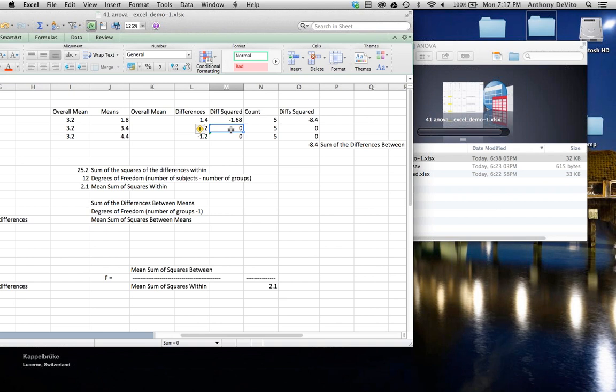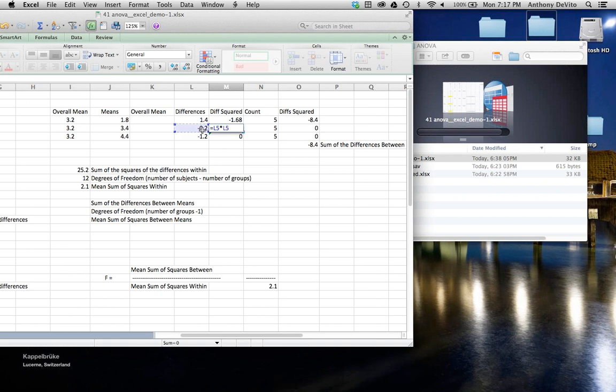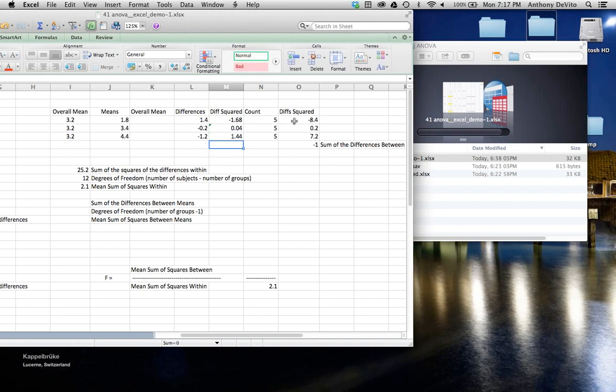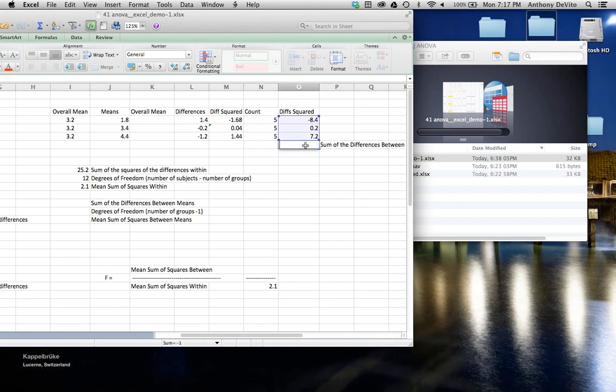What happened here? Equals, it didn't copy down right, okay. Equals, okay, and I'm going to multiply by the sample size for each one of these to get our total. So it's going to be equal to.